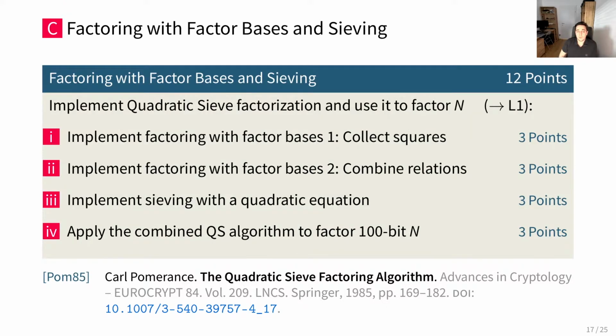Okay, and finally we have the last problem, and the last problem is about factoring, and this was also part of, I think, the first lecture. Basically it's also split into 4 subtasks, where the final goal is to factor some number n with this technique.